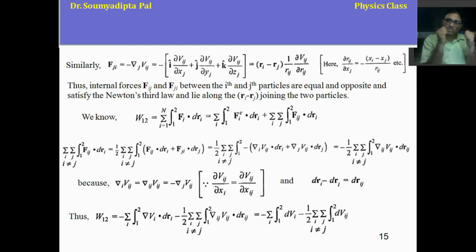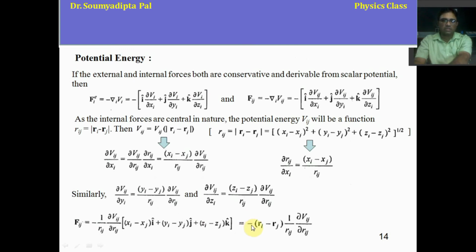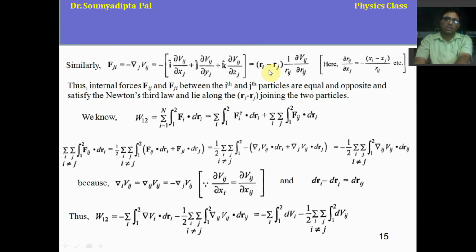So both are in opposite directions. That's why ultimately there is a minus sign in one and no minus sign in the other. And you know that Fij equals minus Fji according to Newton's third law, so that is satisfied here if we do this calculation.